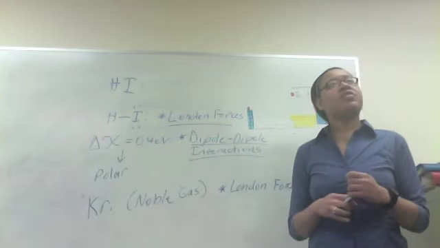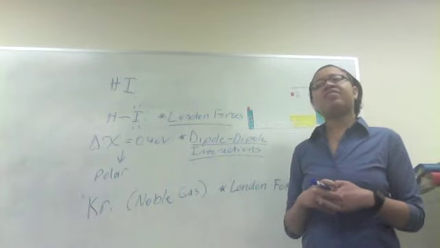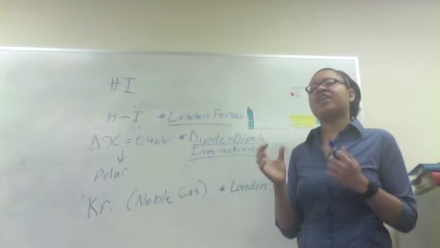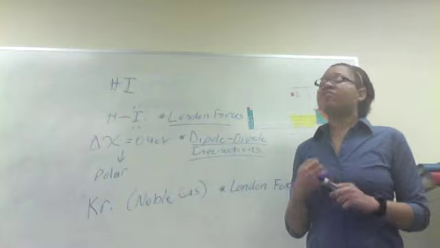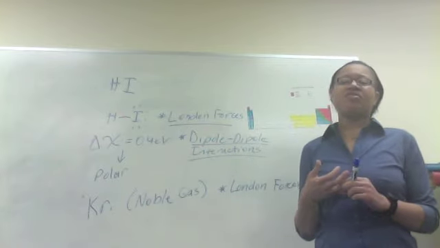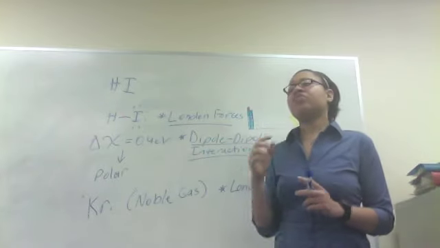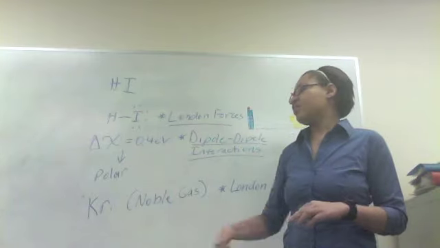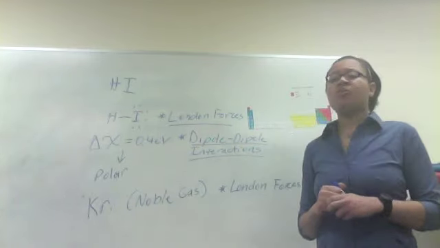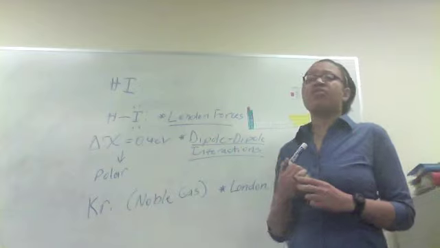Any atomic substance such as a noble gas, since it's an atom, has an electron cloud that can be distorted, so you can have the instantaneous induced dipole interactions when 2 krypton atoms are next to one another. So we would expect noble gases to have London forces.